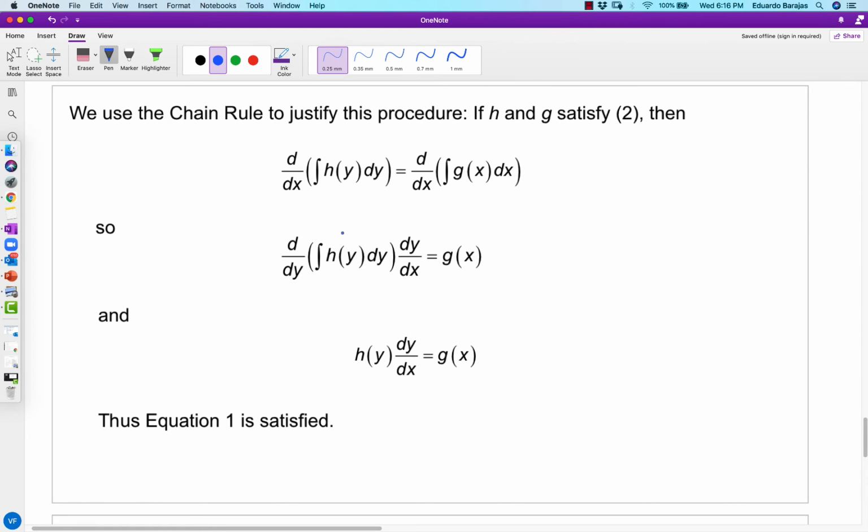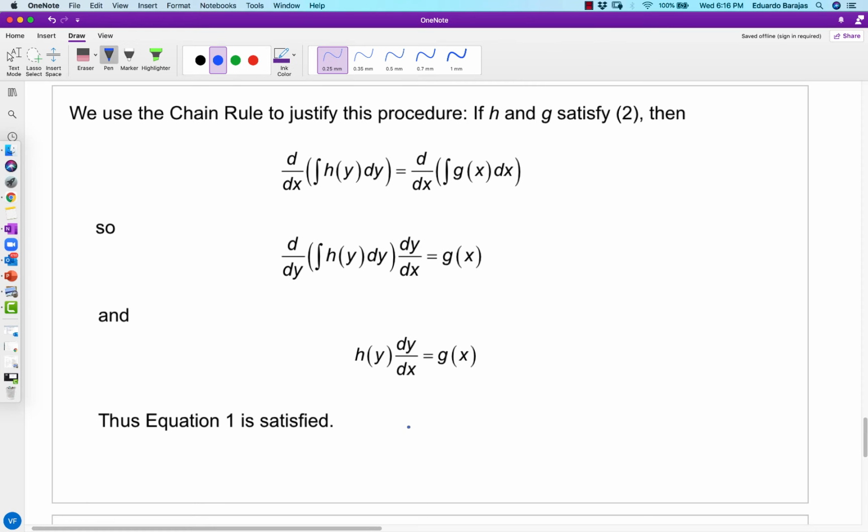The derivative with respect to x of the integral of h of y dy is equal to the derivative with respect to y times the derivative of y with respect to x, by the chain rule. On the right-hand side, the fundamental theorem of calculus says that these two cancel each other out, and we end up with g of x. And so these also cancel out and give us a function with respect to y. And so we get back to the original statement.